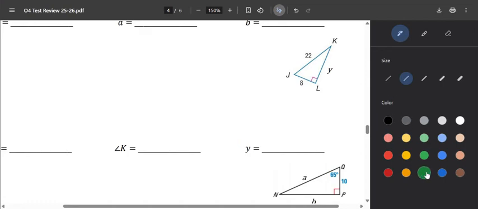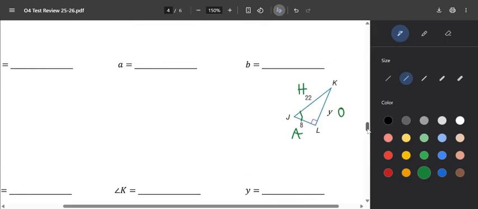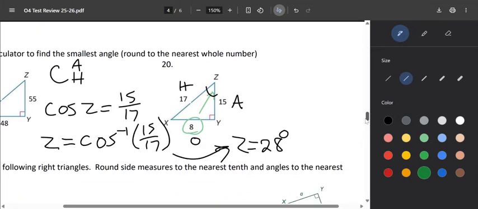So since we're starting with angle J, I'm going to label everything based on angle J. So here's the hypotenuse, here is the adjacent, and then the opposite. Because I'm finding an angle, I need actual sides. I need to have a number for the sides. Just like up here, we had cosine of angle Z equal to number divided by number.